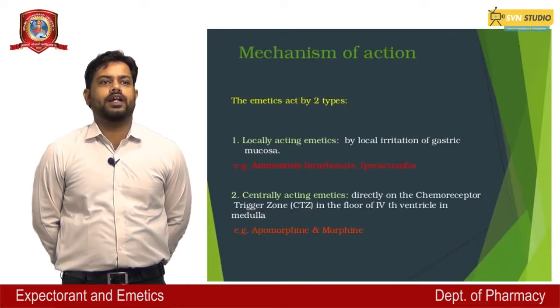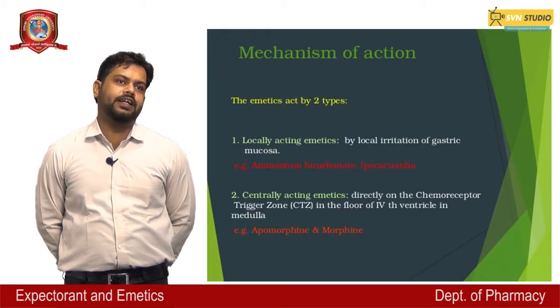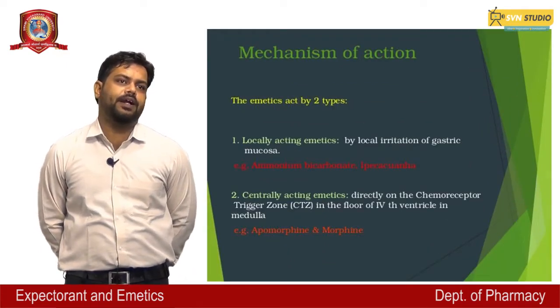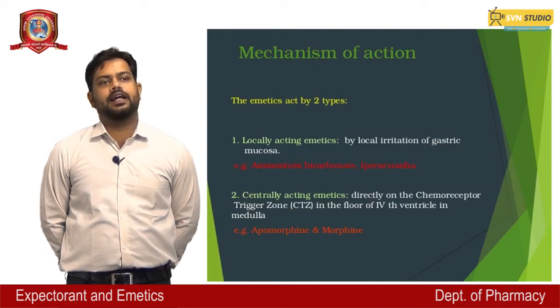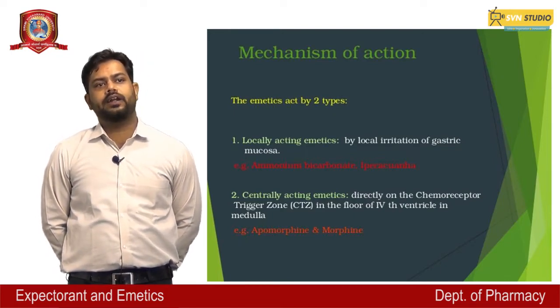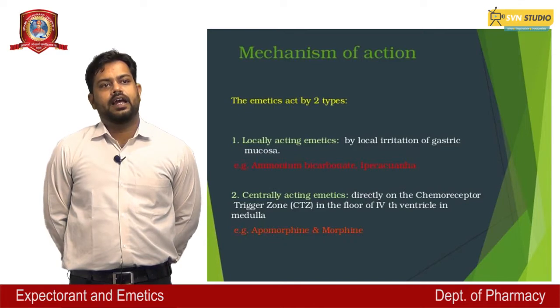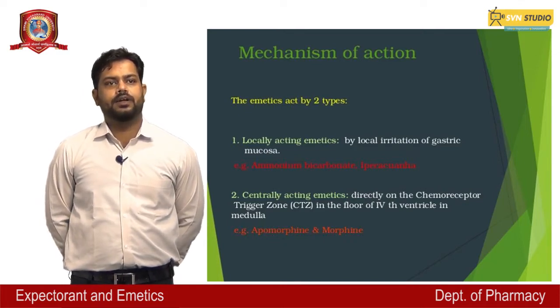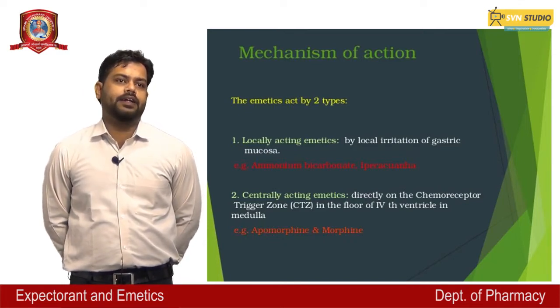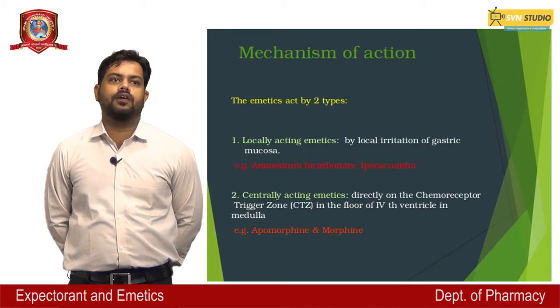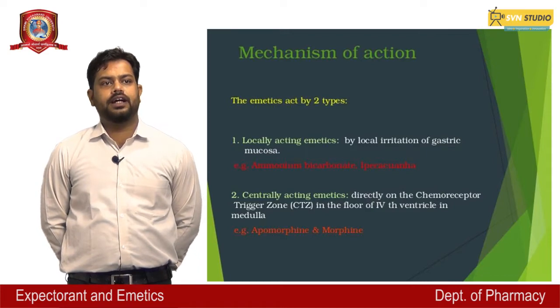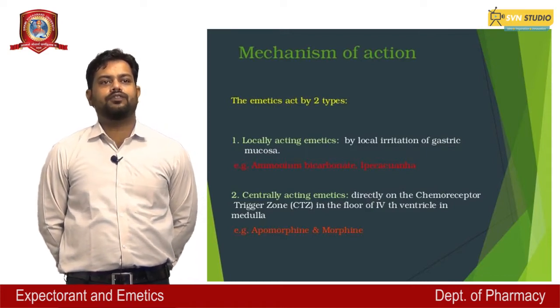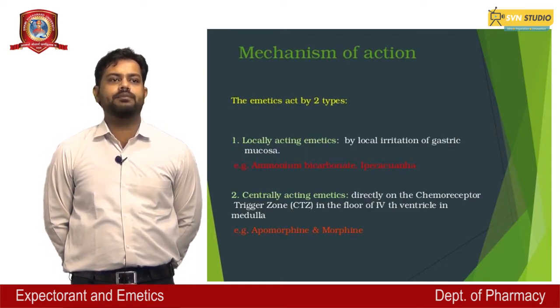Mechanism of action: emetics act in two ways. First are locally acting emetics, which act by local irritation of the gastric mucosa, for example ammonium bicarbonate and ipecac. Second are centrally acting emetics, which act directly on the chemoreceptor trigger zone, CTZ, in the floor of the fourth ventricle in the medulla.